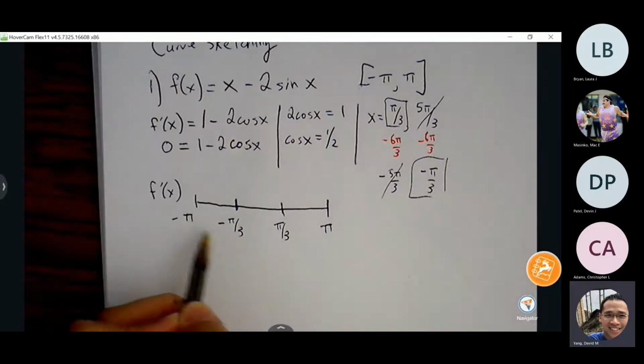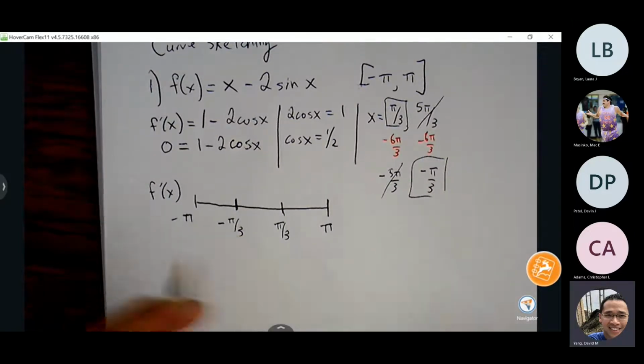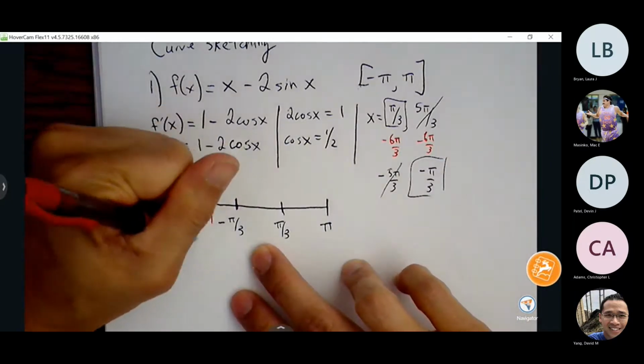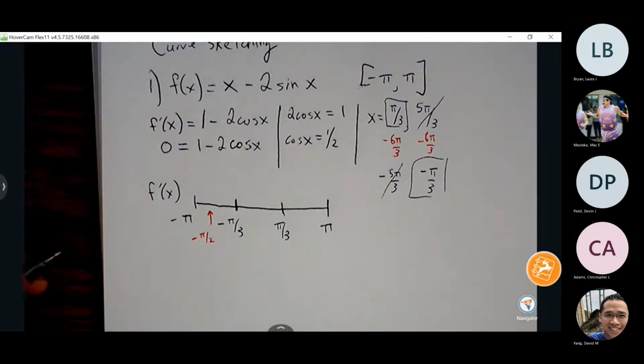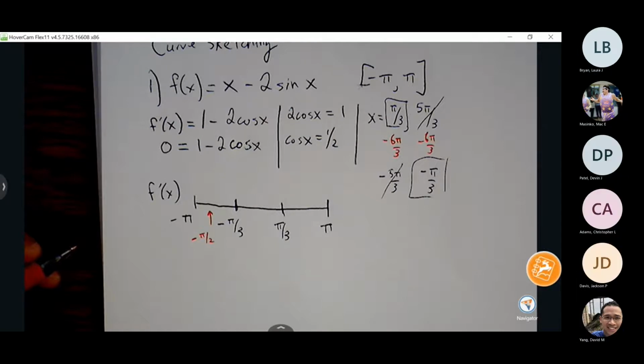Between negative pi and negative pi/3, I can choose negative pi/2.